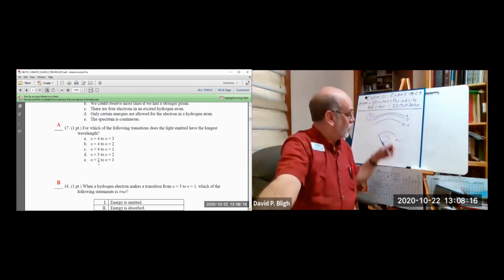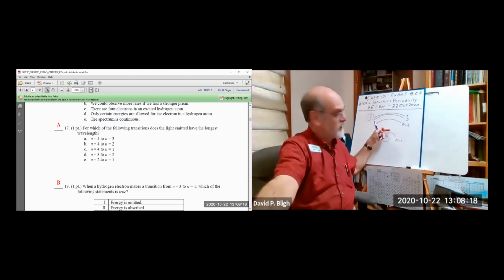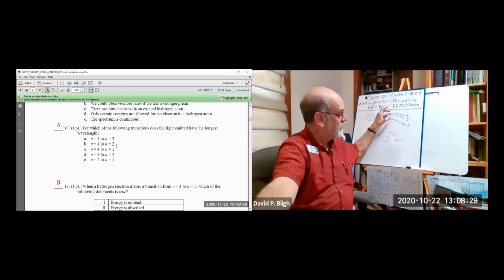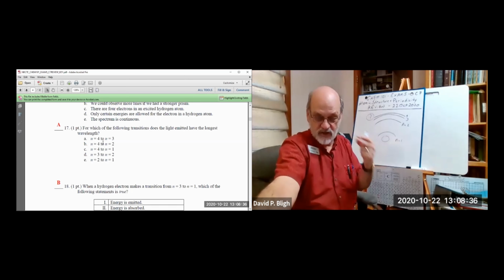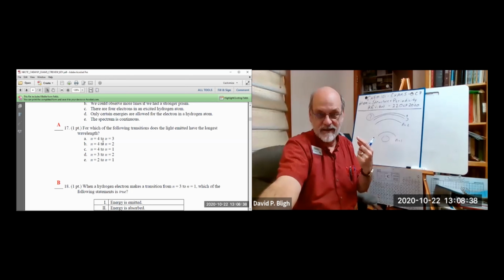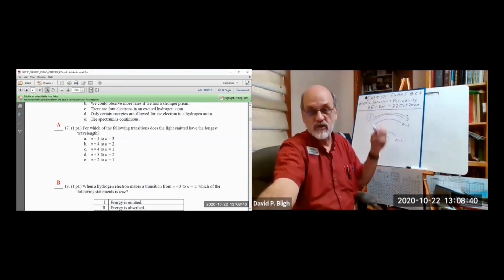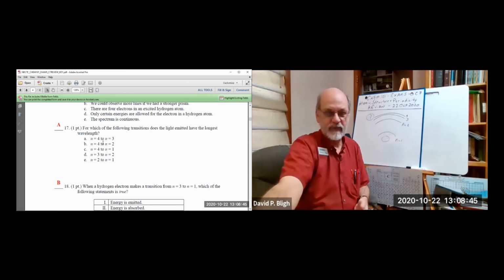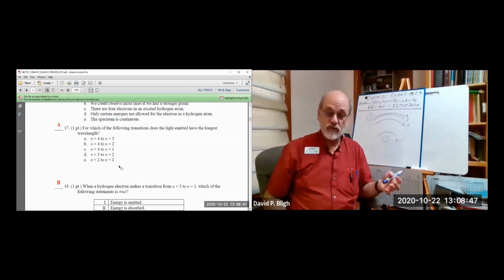That lets out 2 to 1 here. 3 to 2 is a little better. 4 to 1 is way off the charts. 4 to 2 is a little better, but it's not as good as 3 to 2. 4 to 3, that is a single change in n at the highest possible level, gives you the longest wavelength, the lowest energy. So that's why the answer to this one is A.